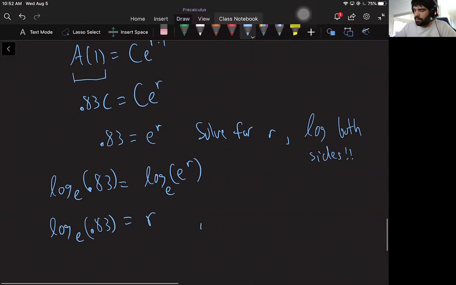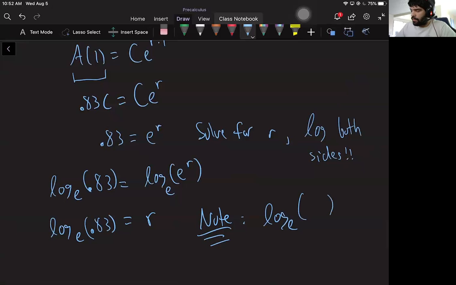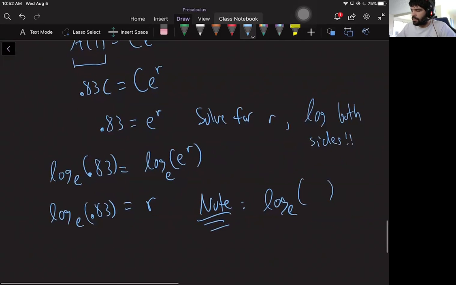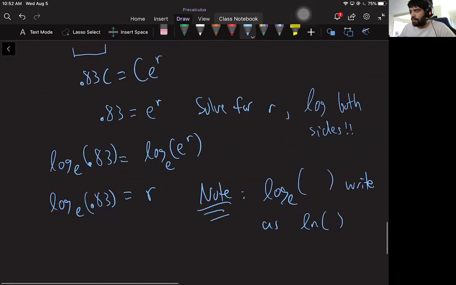But then a very quick note is that this number e is so special that log base e gets its own notation. We call it ln. And we don't write a base. That just means base e.